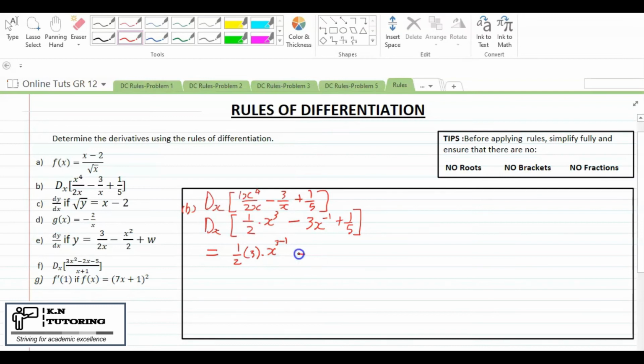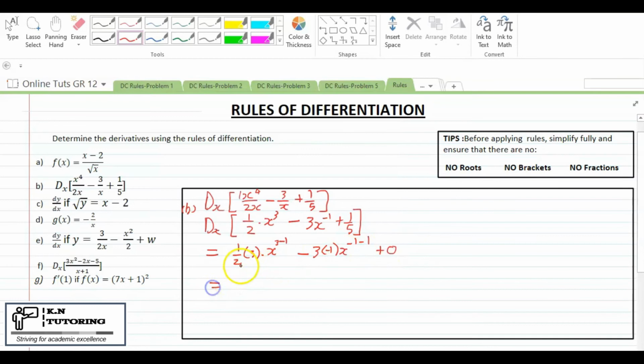Minus, I have my coefficient there, it's 3, I drop my exponent there as minus 1, then I subtract 1 from my exponent, minus 1, minus 1. This is a constant, and remember the first rule, the derivative of a constant is 0, so I can say plus 0, or I can just leave it out.